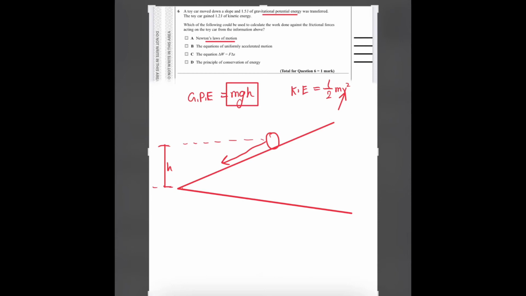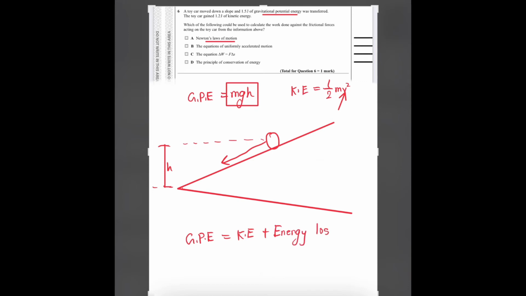Part C says the equation work done equals force into distance. Distance and force are not given in the question, so we cannot use this. Part D, the principle of conservation of energy, we can use this because the total GPE equals KE plus the energy lost as friction or as light, heat or sound, anything.